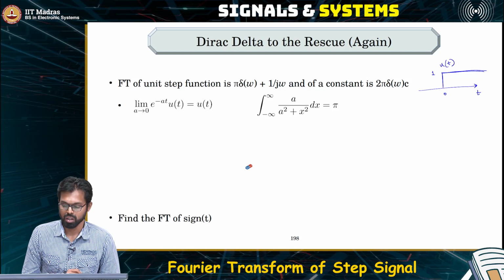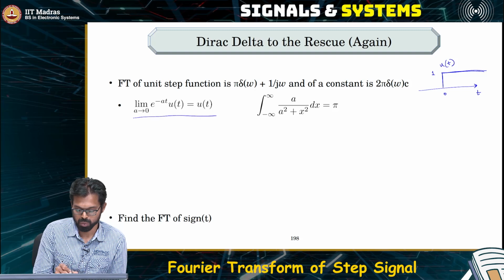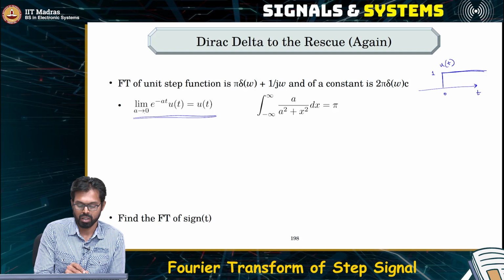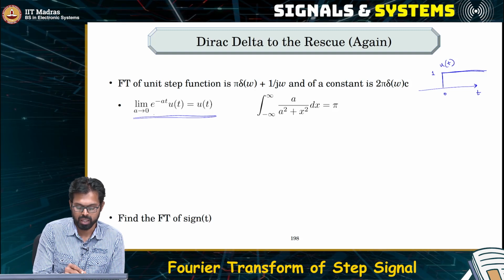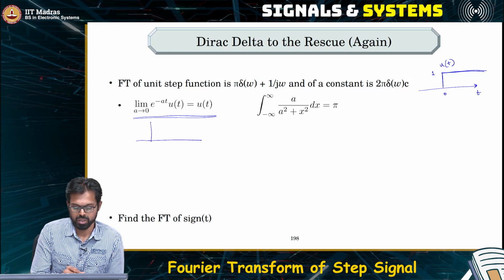I'll show this now. The first thing we are going to do is write the unit step function as a limit of certain exponentials. I'll consider a set of exponentials which look like this.